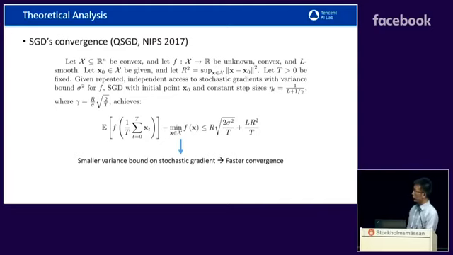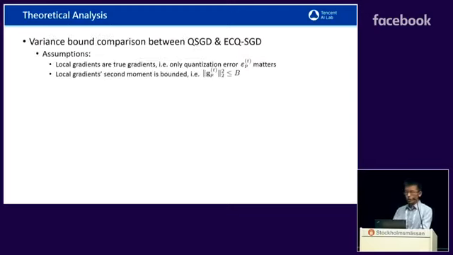From this inequality, we know that if the variance bound is smaller, then we will arrive at better convergence. So we compare the variance bound between QSGD and ECQ-SGD, which is our method.